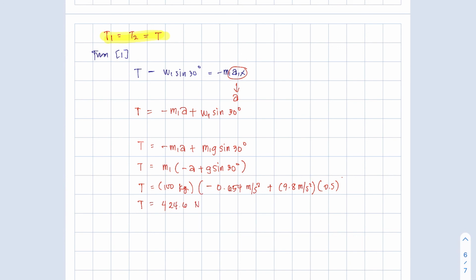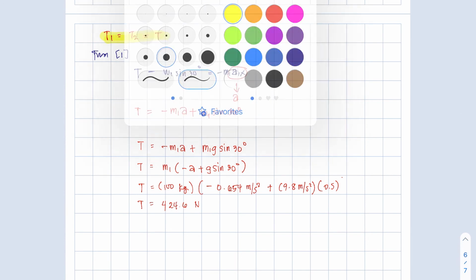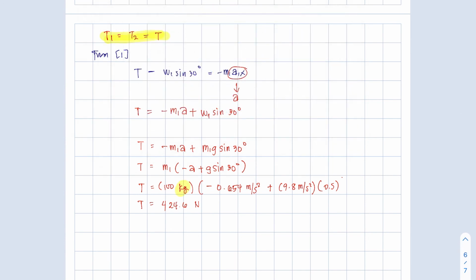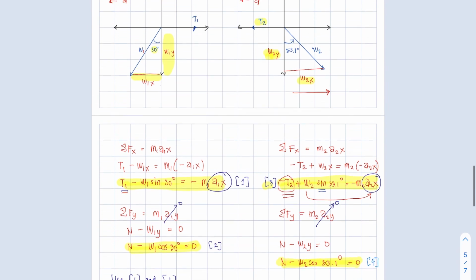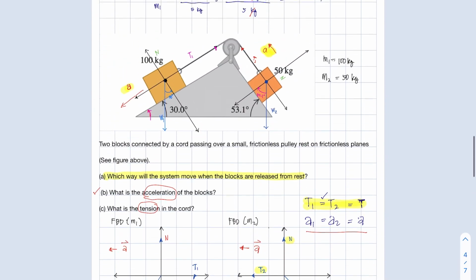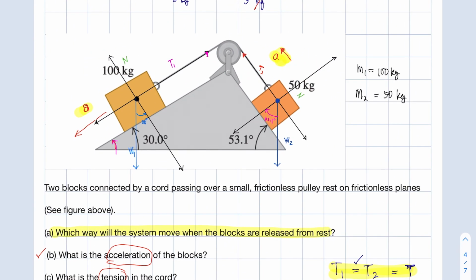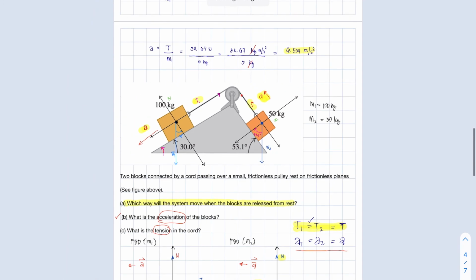So, obvious naman siguro na newtons talaga ito kasi if you look into this one, you have kilograms. This is kilogram, and then the answer of this quantity in parentheses is just meters per second squared. So, that is really leading you to a unit of Newton, which is a unit for tension. So, ibig sabihin, yung tension mo, which is the same, dito, yung T1 at saka T2 mo dito, is at 424.6. Ito silang dalawa, 424.6 in magnitude.